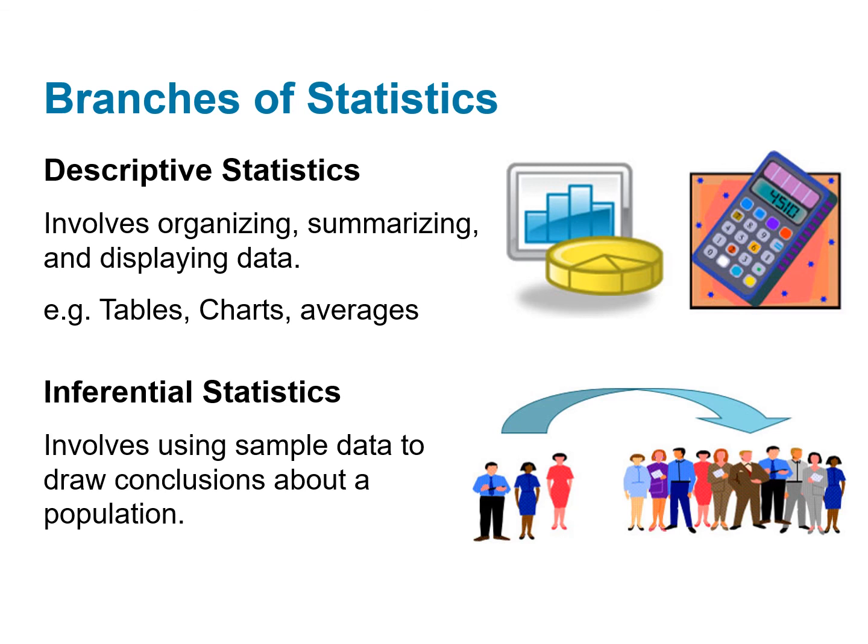We're organizing, summarizing, and displaying that data. We're putting it into tables, we're putting it into charts, we're calculating averages. Whereas with inferential statistics, we're using that data that we collected to make our conclusion about the population.